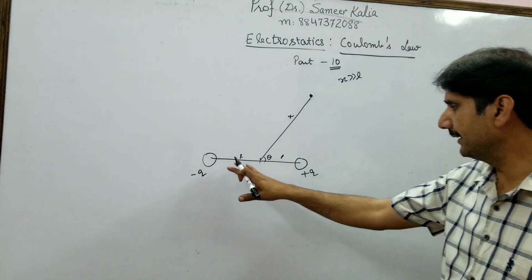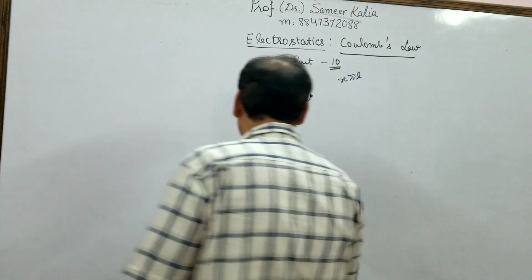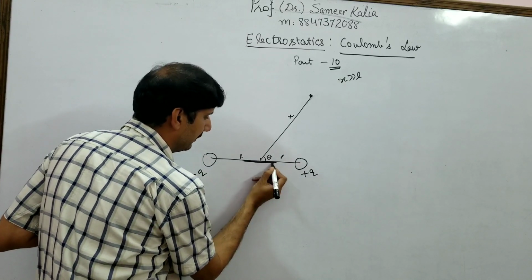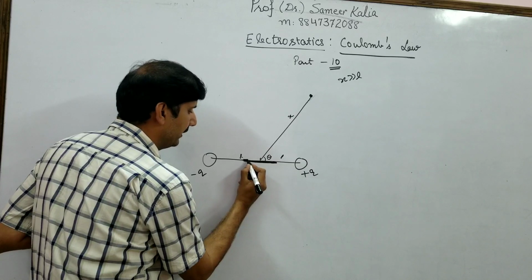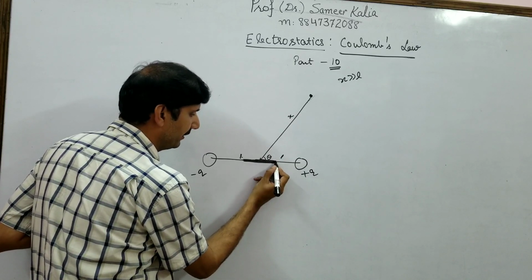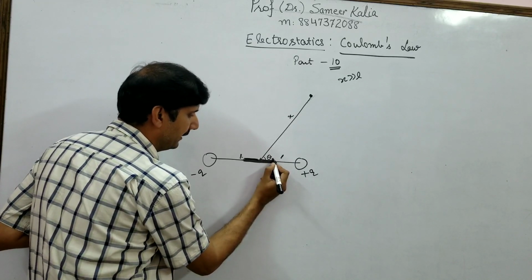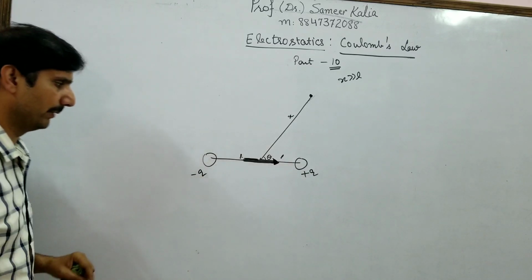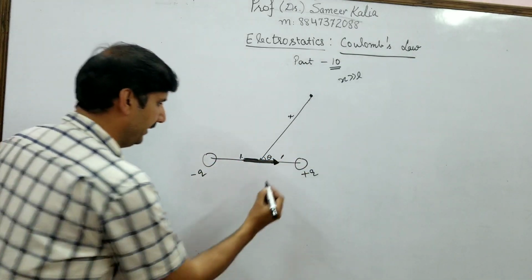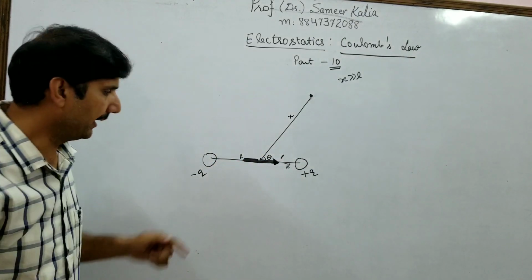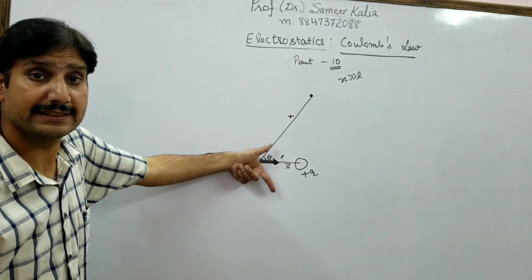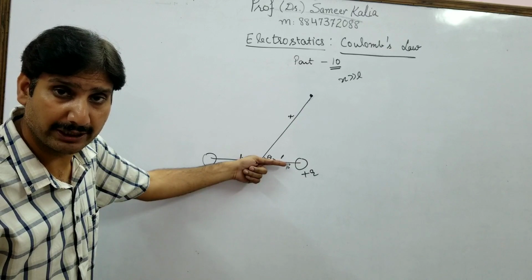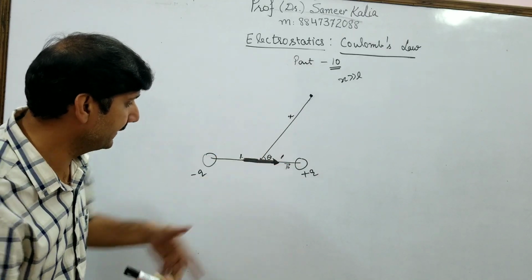So the dipole moment is in this direction. Let me draw it with the help of this broad arrow. This is the dipole moment p, from minus q to plus q. I can resolve this p, the dipole moment, into its rectangular components like this.